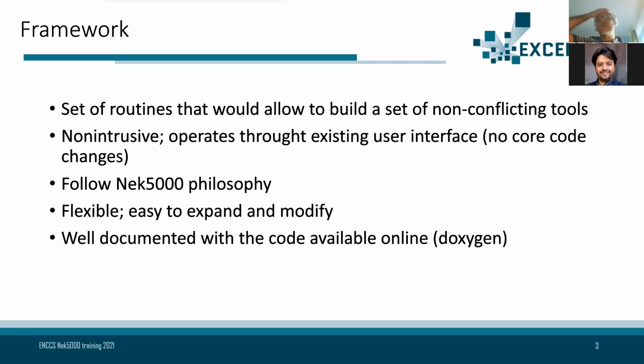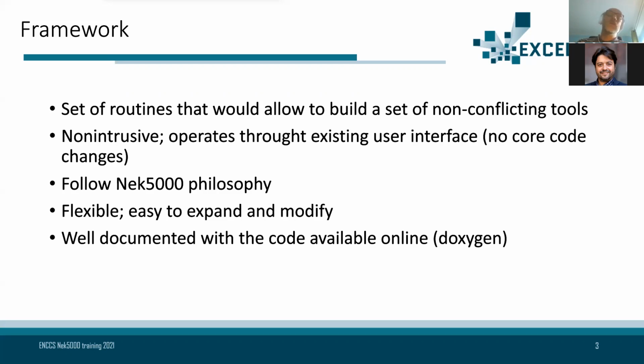So first of all, it was simply a set of routines that we wanted to make as a background for adding multiple tools, because one of the problems which we encountered before, when we were simply using different examples as a way of spreading code, is that you usually get into a problem when you have to combine multiple different tools, and then different people combine them and put them together in different ways.